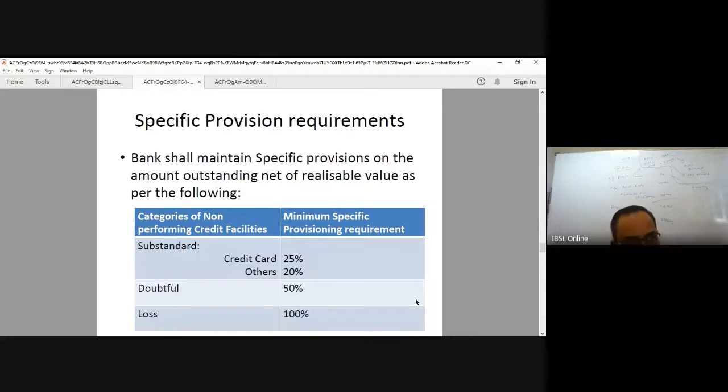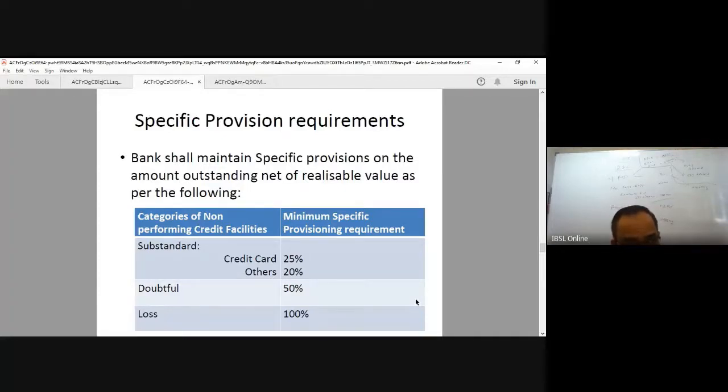From the point that the installment is not paid, at 90 days and thereafter, you will not take the interest into your profit and loss account. Interest has to be suspended. It will be in a suspense account. That's what happens under SMA.